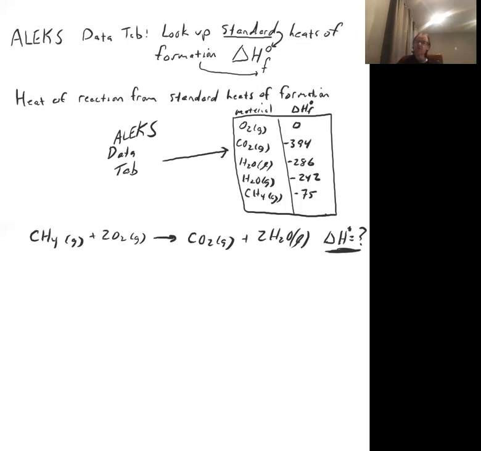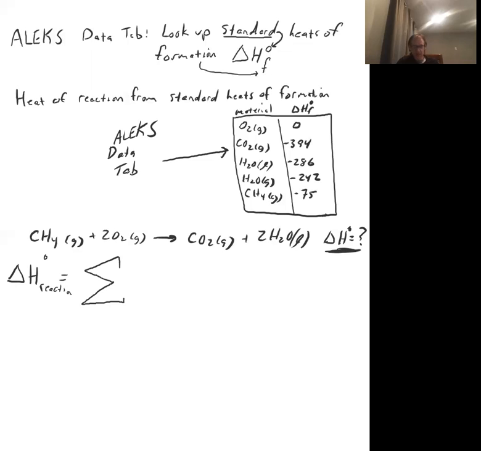And then you're going to use a formula, a mathematical formula. And here's the formula. Delta H of the reaction is equal to the sum, right? Sigma is the mathematical symbol for adding things together.